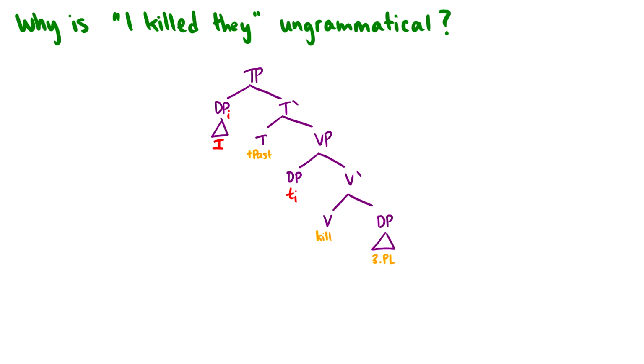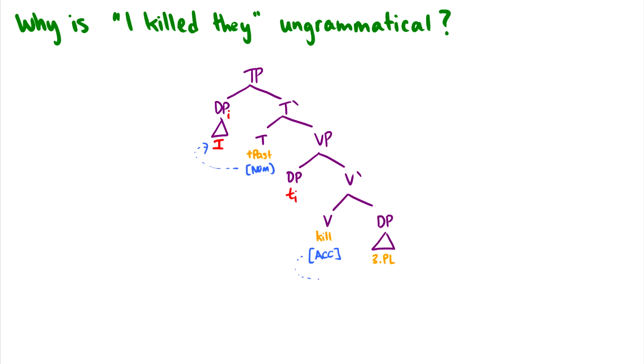Then we can ask our question: why is I killed they ungrammatical? Well, let's take a look at this. T has nominative case, and it gives it to spec TP. It checks it, makes sure it's the same. So I is nominative, that's okay. I kill they. Well, here we have this third person plural they. But kill has accusative case.